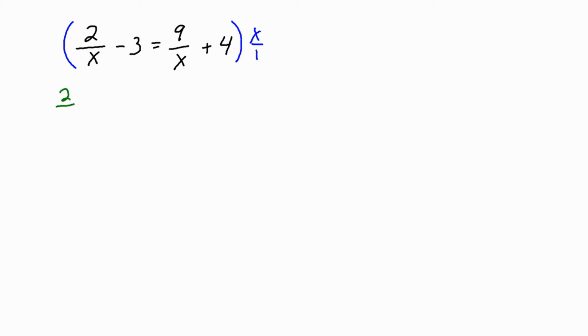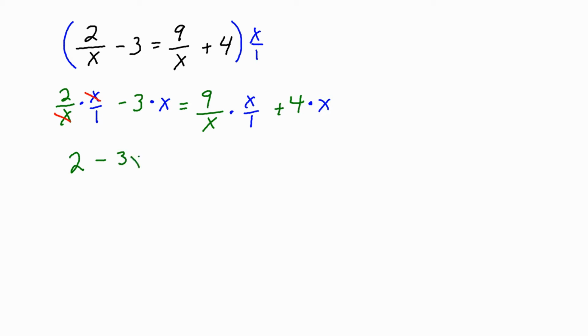So I start with 2 over x times x over 1 minus 3 times x equals 9 over x times x over 1 plus 4 times x. 2 divided by x times x over 1, the x's cancel, and 2 times 1 is just 2, minus 3 times x is 3x, equals 9 over x times x over 1, the x's cancel, so I have 9, plus 4 times x, which is 4x.